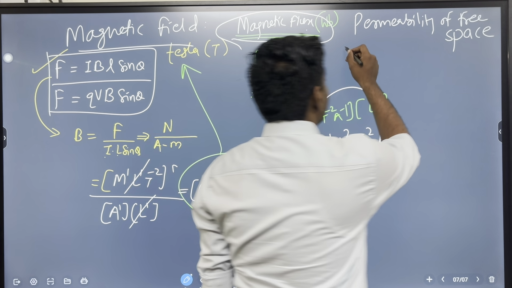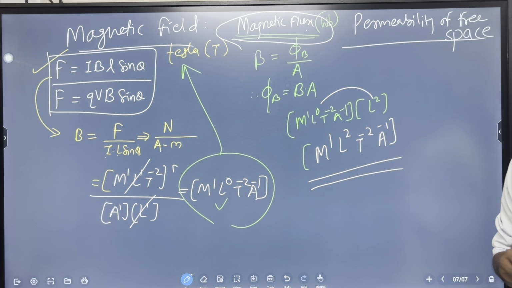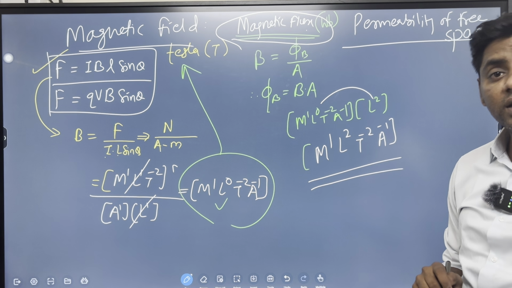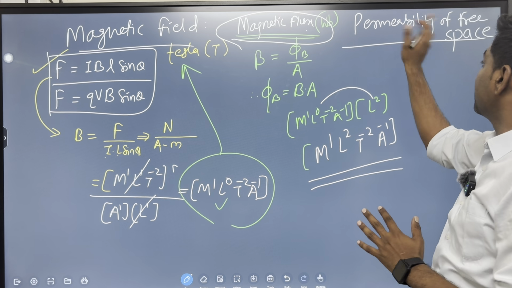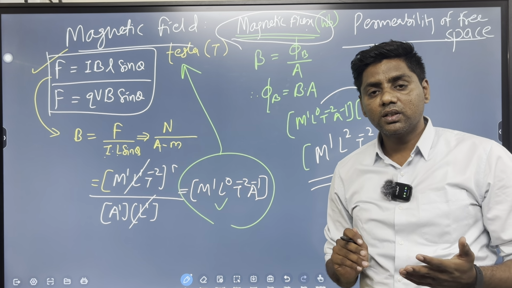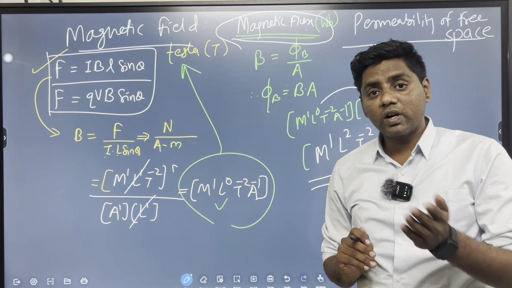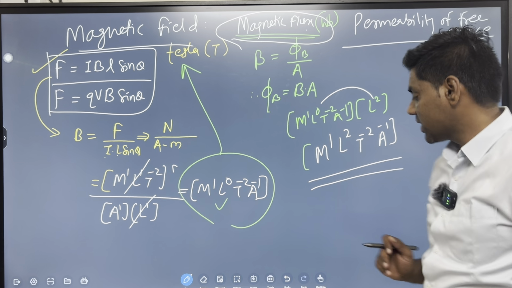Next, we calculate the permeability of free space. Very simple. For that, either you remember the SI unit for permeability, or remember the formula, and according to that we can calculate its SI unit.